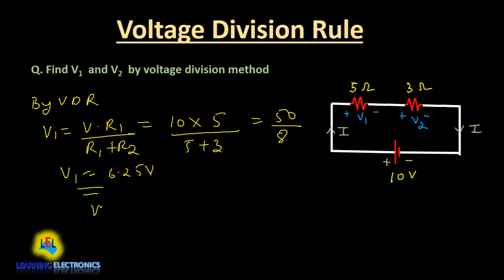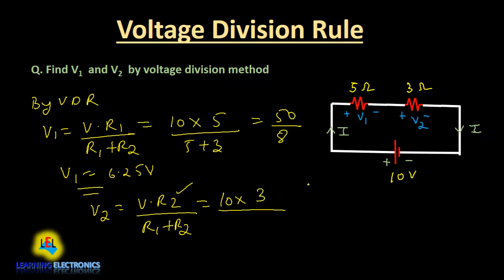Now for V2, V2 is equal to V into R2 divided by R1 plus R2. So directly we can apply, we don't have to write this formula. So V2 will be equal to the total voltage, that is 10, into that resistance, that is 3 ohm, divided by the total resistance, that is 5 plus 3. So here we get 30 divided by 8.